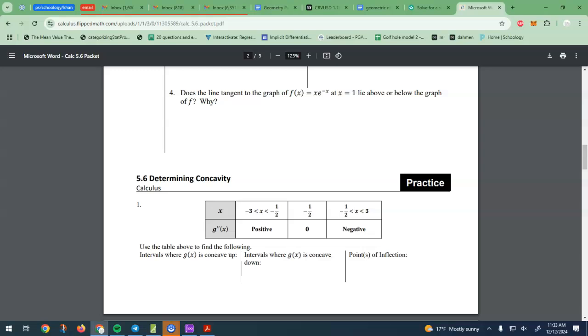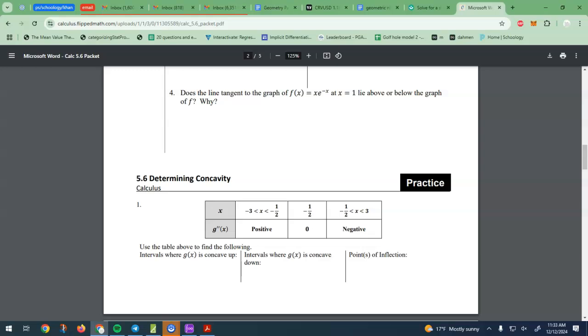I can take e to the negative x out in front, and that will leave me with 1 minus x on the inside. See what I did there? Just factor out e to the negative x. I'm doing that because I don't have to, but this to me seems easier to take the derivative of than this. I mean, that's not even true. But I'm going to do it this way.